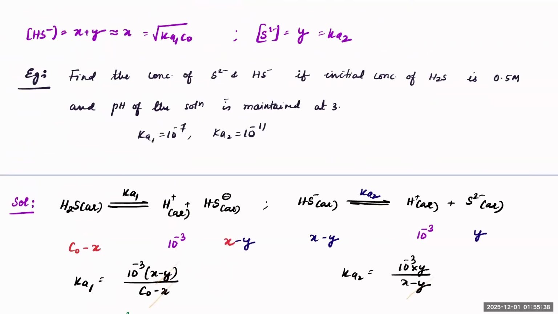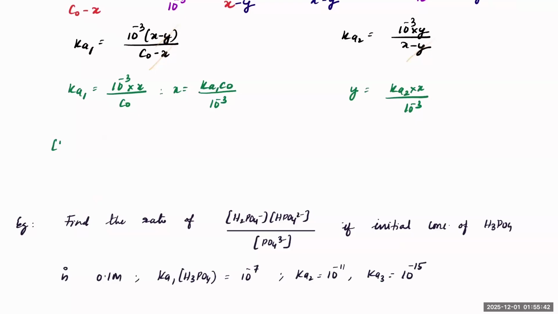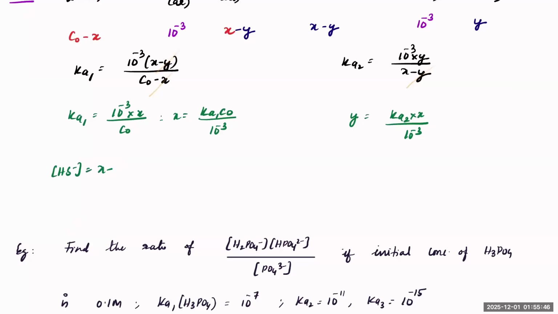And the question is asked again, same thing, S2 minus and HS minus. So HS minus concentration will be same as that of x minus y, which is nearly equal to x, which is equal to K1 C naught divided by 10 raised to power of minus 3.